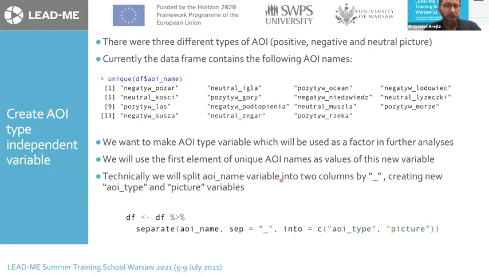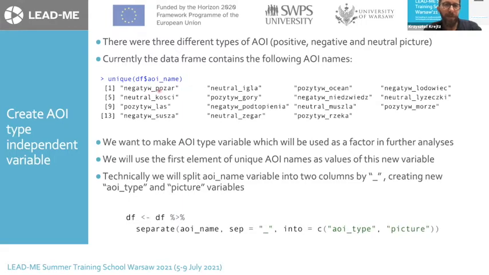The unique values of the AOI name variable are listed here, but what we want to check in this study is how many fixations there were and how much attention was put on negative, neutral, and positive pictures. So we want to change every name to be only negative, neutral, or positive, right?